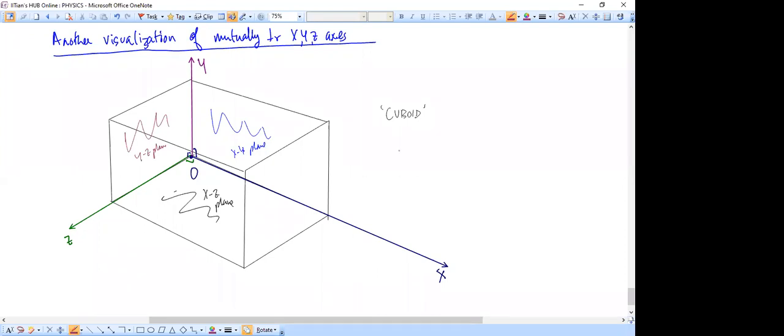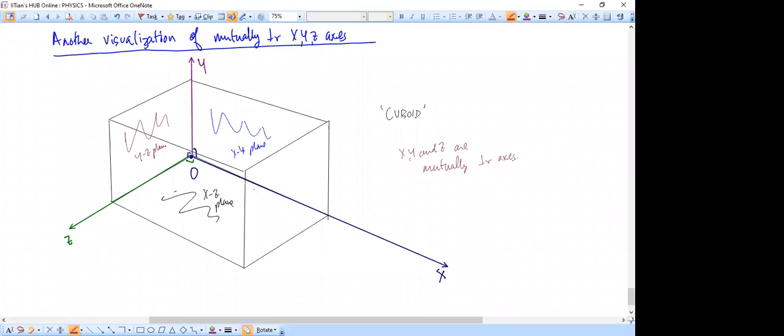So x, y, and z are mutually perpendicular axes. We can take them in any order. There is a convention which is called the right-handed convention. We will discuss that later also.